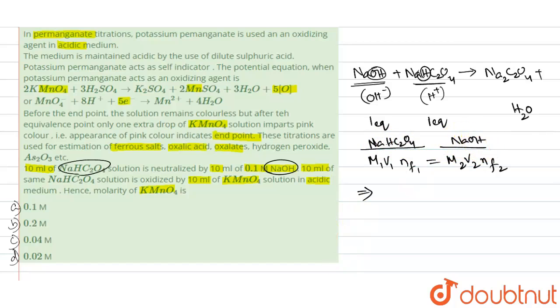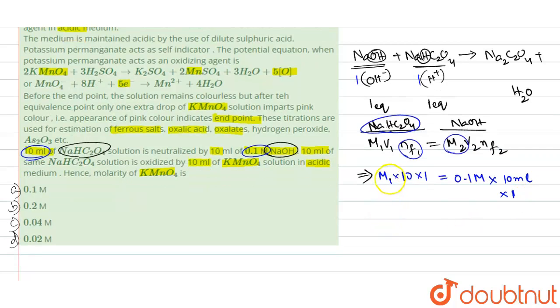For NaHC2O4, this is M1 into 10, and the NF1 is 1 because this furnishes only one H plus ion. This is equal to M2, which is 0.1 molar NaOH, multiplied by V2, 10 ml, into NF2, which is 1.